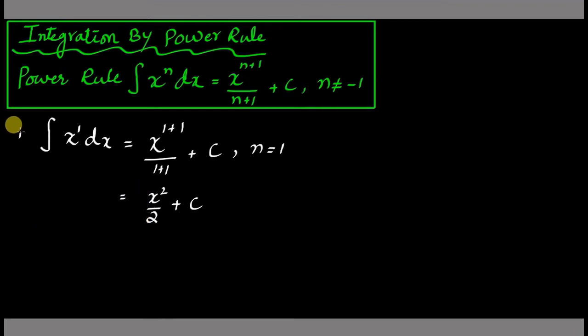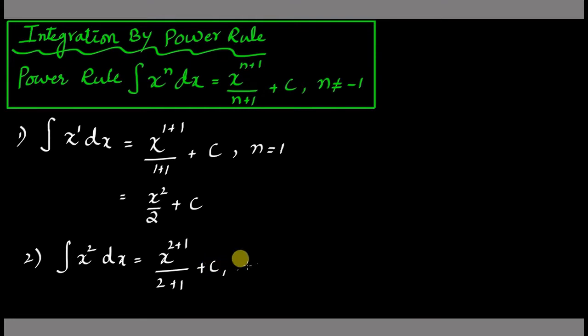Similarly, if you choose n equal to 2, then the result will be x raised to power 2 plus 1 over 2 plus 1, plus c. So what will be our final answer? x cubed by 3 plus c. So this will be the final answer.